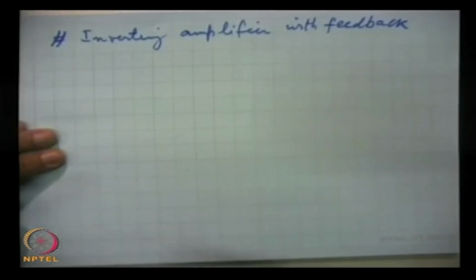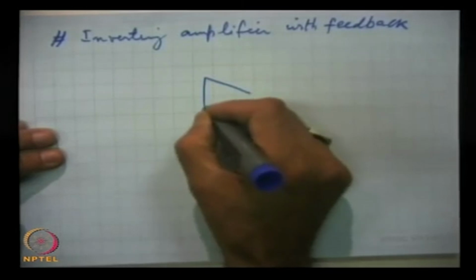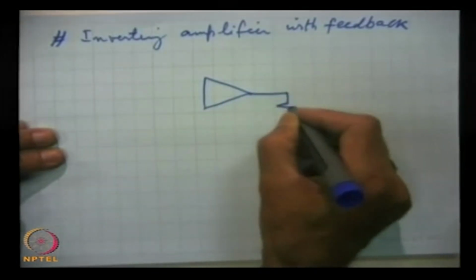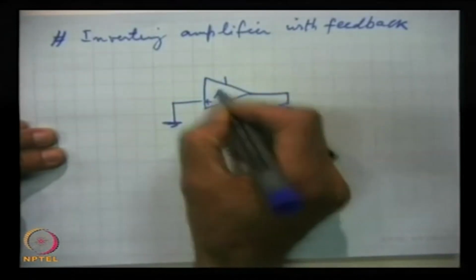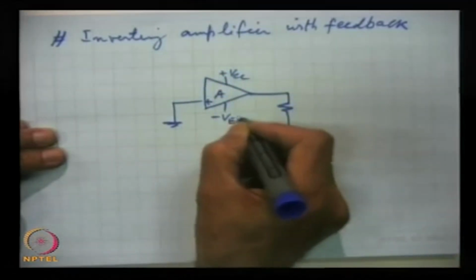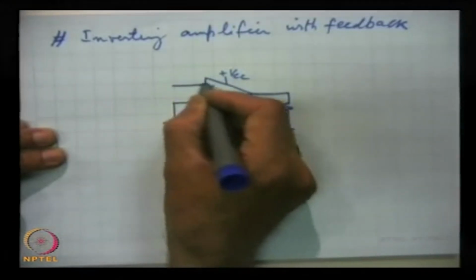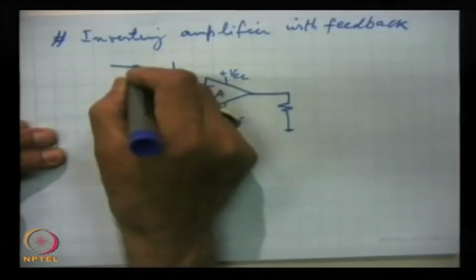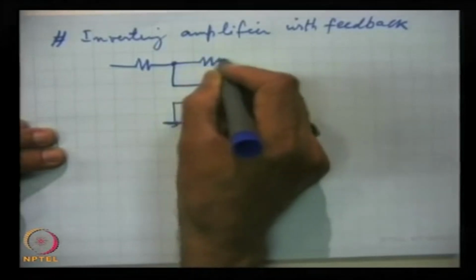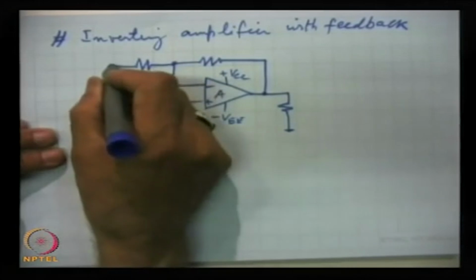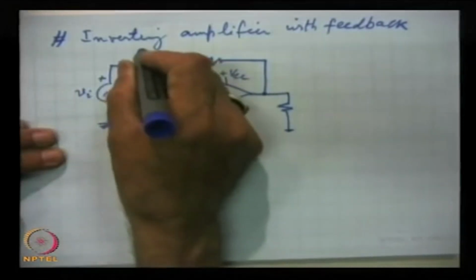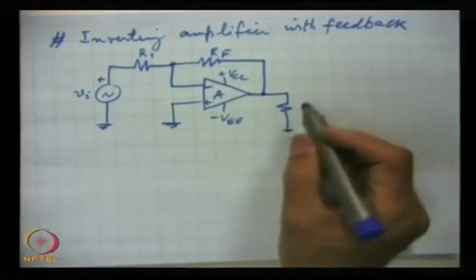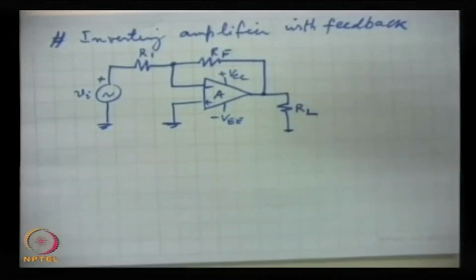Let us see the circuit. The circuit is this. This is the circuit for the inverting amplifier.